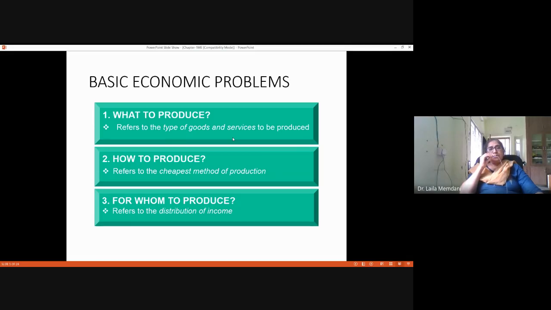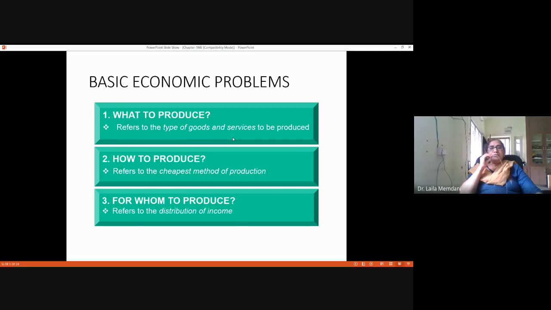How to produce also is decided by the market. So if labor is expensive, producers will produce using more of capital. If capital is expensive, then they'll produce using more of labor.